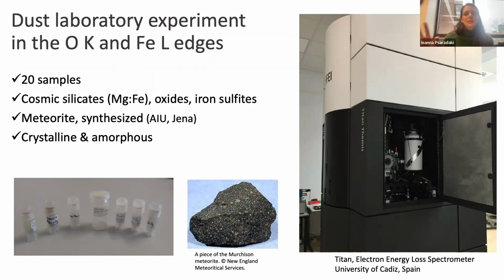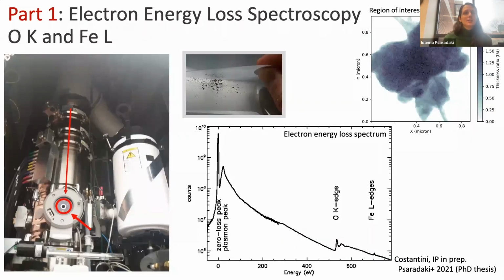So the first part of this work, to go from zero to models to fit your X-ray spectrum, is of course to take the spectrum in the laboratory. So here you see how we try to locate the dust grains in a small carbon grid so that we place it inside the microscope.